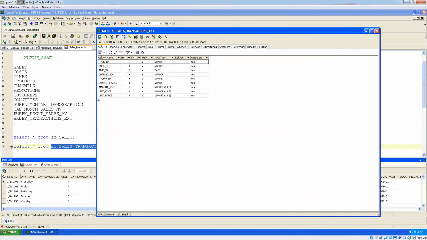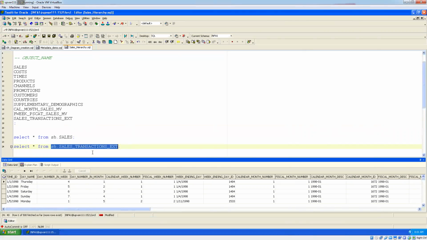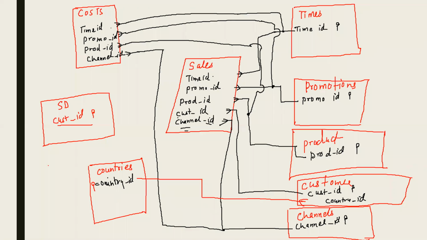This table does not have any constraints, so we'll just mention it: sales transaction ext. So these are the two standalone entities on our entity relationship diagram. All the remaining entities are related to each other.